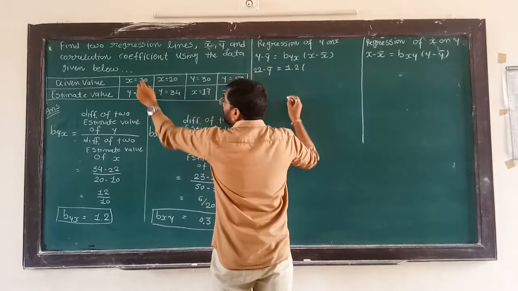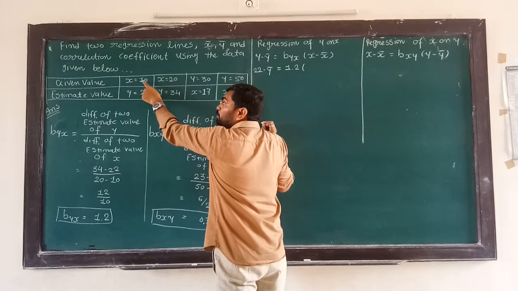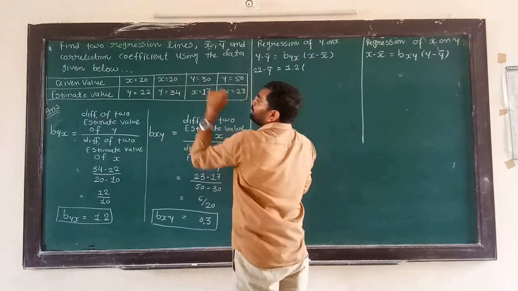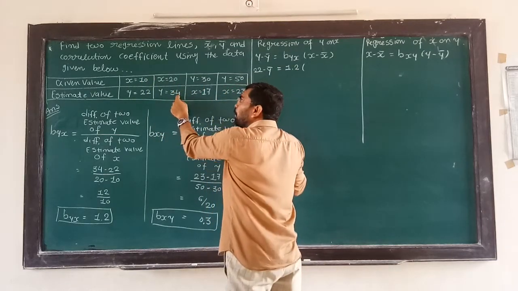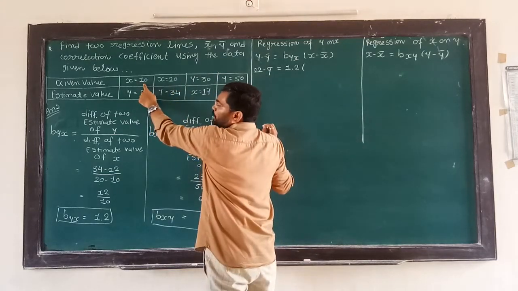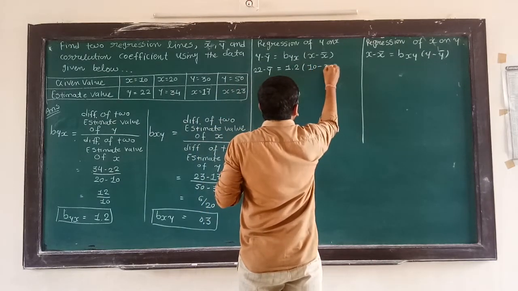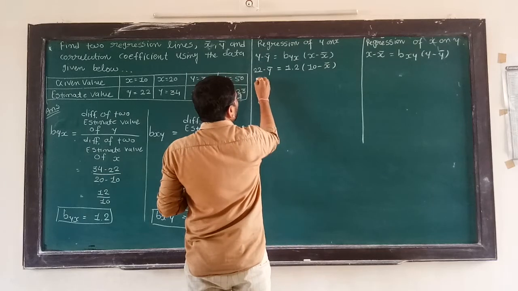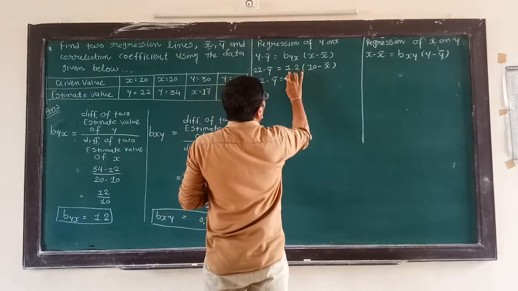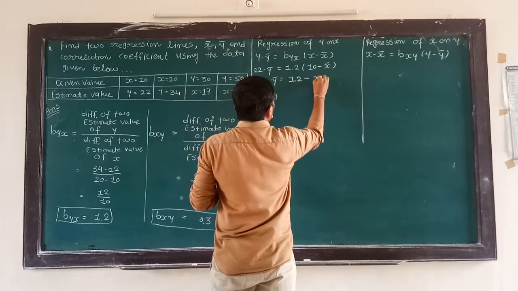X is given. See the students, here y is 22, then you put 10. If you use 34, then you use 20; if you use 22, then use 10. Here 10 minus x bar, 22 minus y bar. 1.2 multiplied with 10 is 12 minus 1.2 x bar.